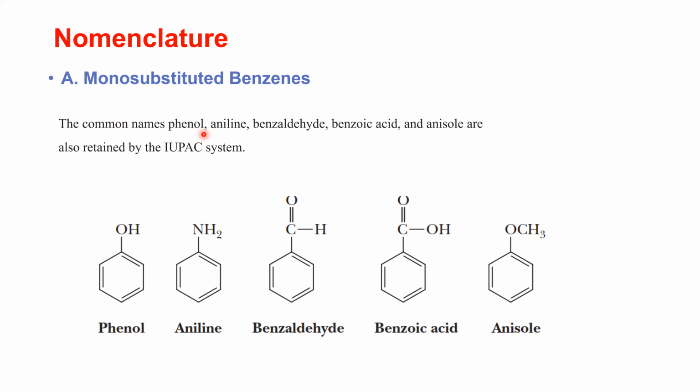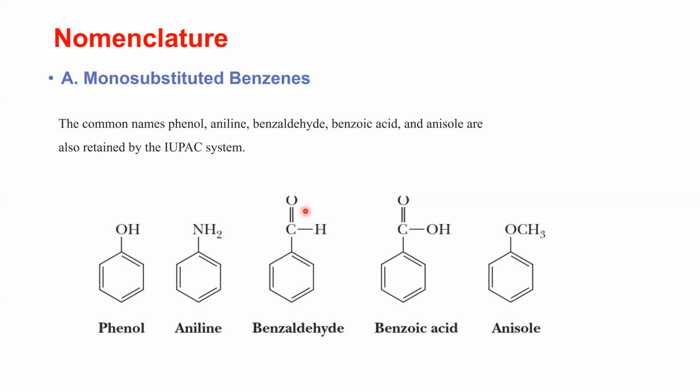Other most commonly used and very famous common names retained by the IUPAC system are: if the aromatic ring has a hydroxyl substitution, this is named phenol, and if it has an amino group, this is aniline.